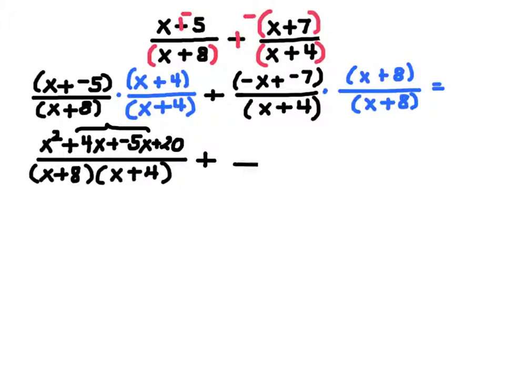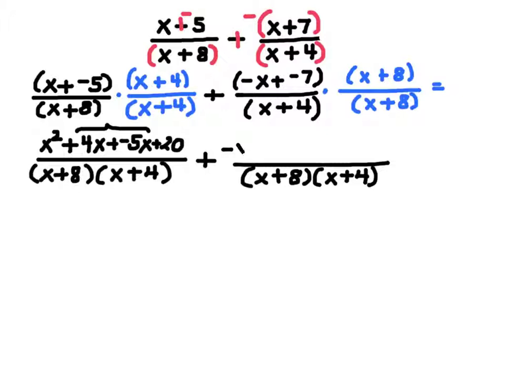Now let's do the next fraction. The denominator will commute, is x plus 8 times x plus 4. And I'm just commuting so it looks just like the denominator of the other rational expression. And then in the numerator, I'm going to say negative x times x.